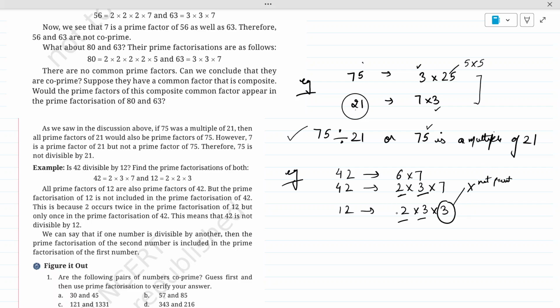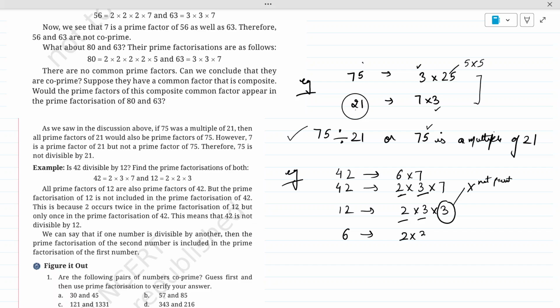But if you observe this, there is one number which can divide both of them fully, and that is the common factor in both, that is 6. Let's see if 6 is dividing these two or not.